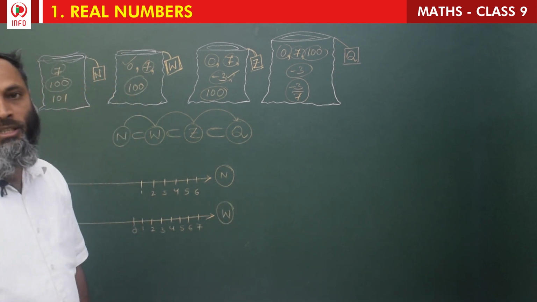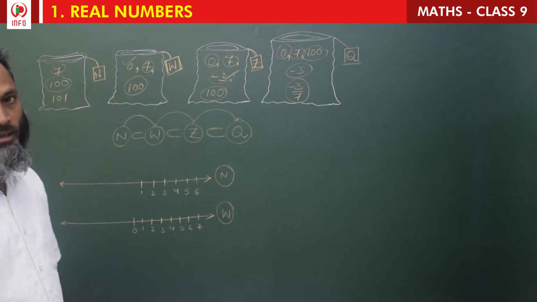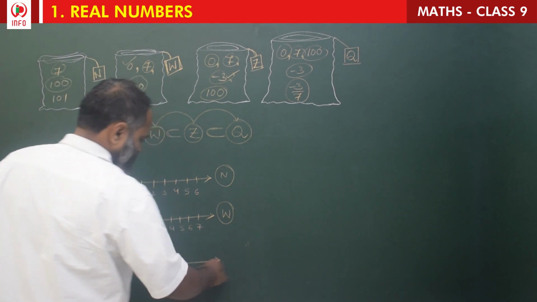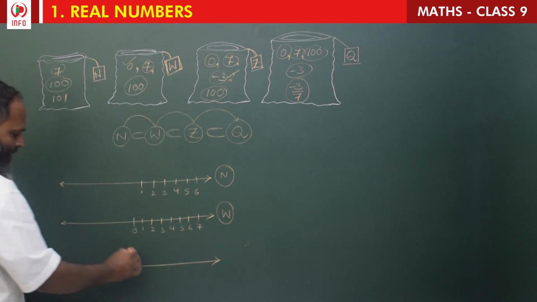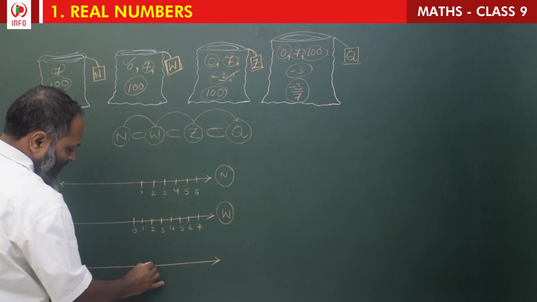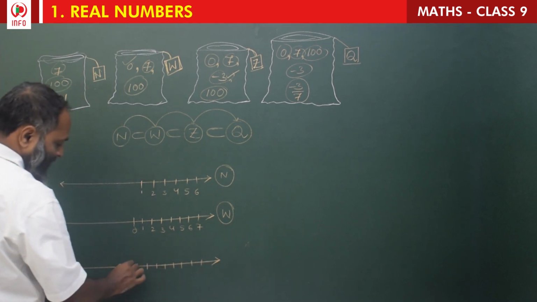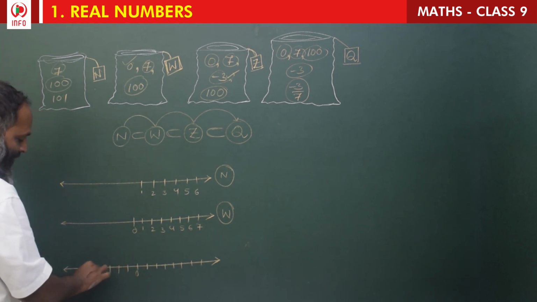Then how to represent the set of integers on a number line? Again, in the middle we should take 0. With equal difference we should take positive numbers on the right side and negative numbers on the left side.